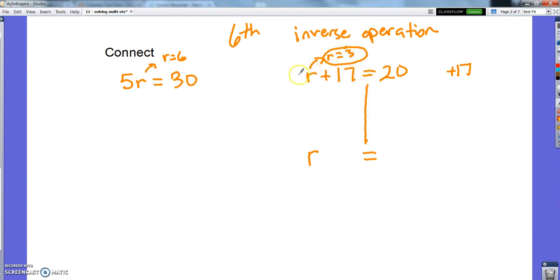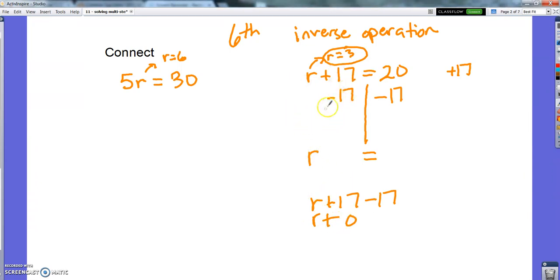Since r has 17 being added to it, I'm going to subtract 17 from this side of the equation. And to keep everything even, I'm going to subtract 17 on this side of the equation. If I do that, this side of the equation has r plus 17 minus 17, which is r plus 0, which is just r.